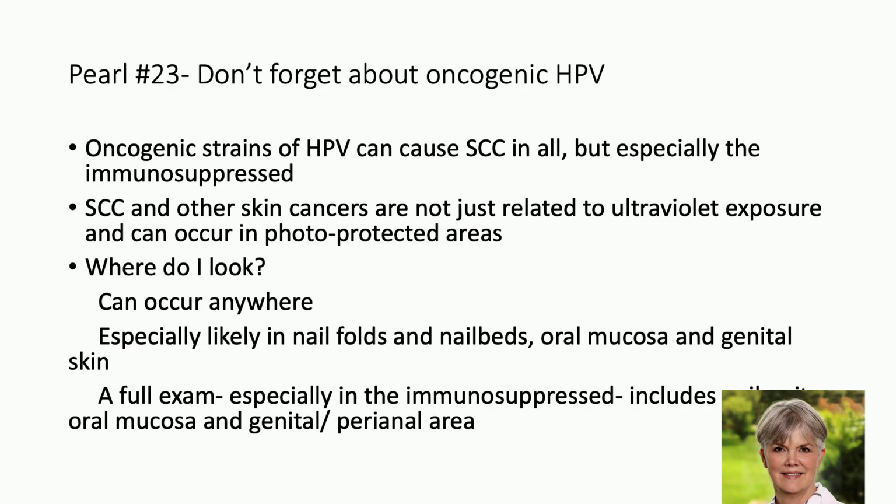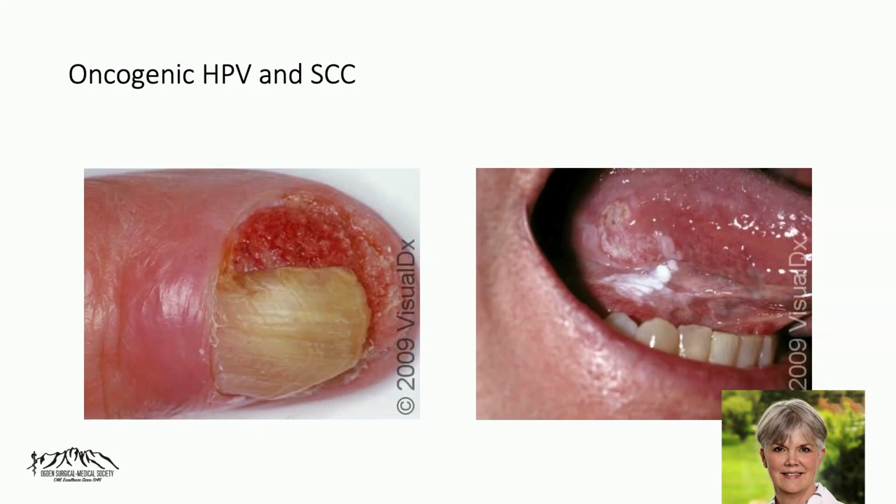So that means you have to look where oncogenic HPV can be, and that includes in the genital area, inside the mouth, and in the nail folds where we tend to think about having warts. So don't forget that unresponsive wart in the nail fold or that plaque of white, specifically if it's a little indurated in the mouth, is important.